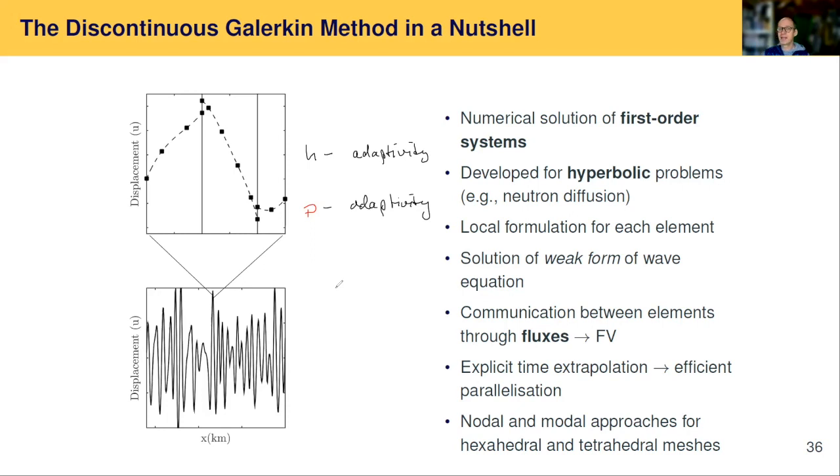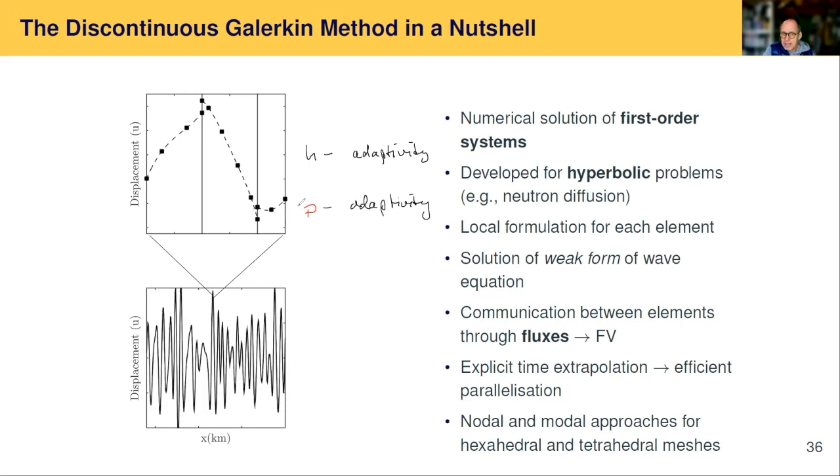For example, in a low velocity region, you have smaller wavelengths, so you would like to have a smaller mesh width. That's obvious. Now, the P adaptivity is connected to the fact that inside each element you have a polynomial of order p.